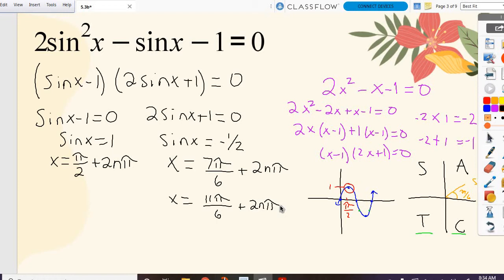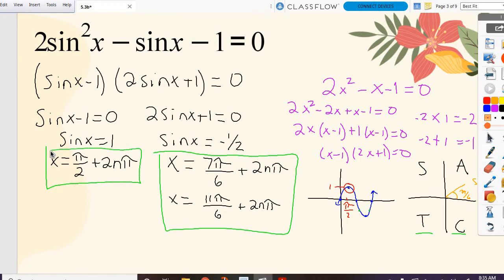And so just like with our quadratics, where we get 2 answers, in this case, for this trig function, we have 3 sets of answers. Because our equation goes on forever, there's technically an infinite number of solutions, but they do have to be in this form. And so that's why we write our answers this way.